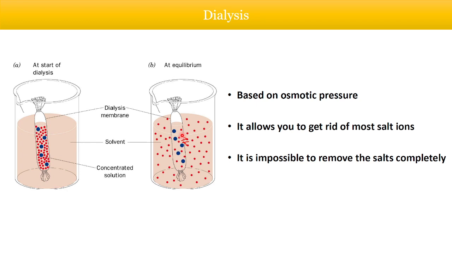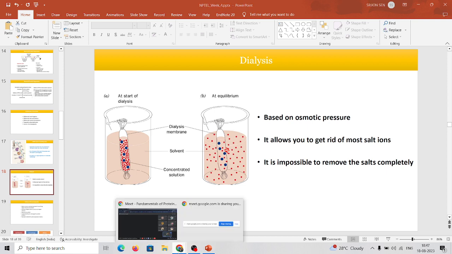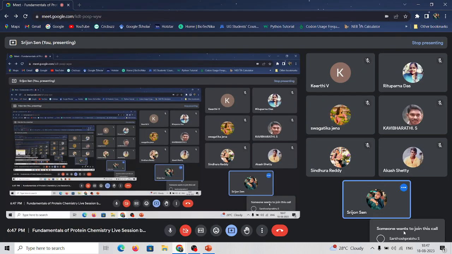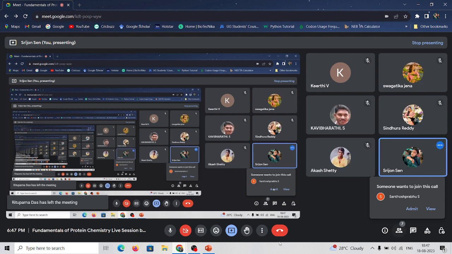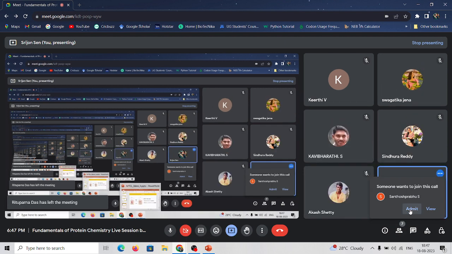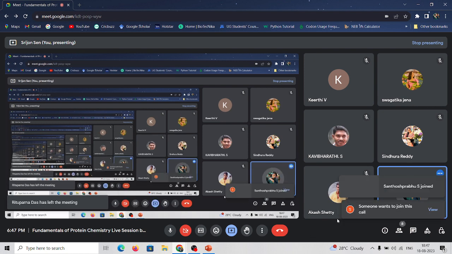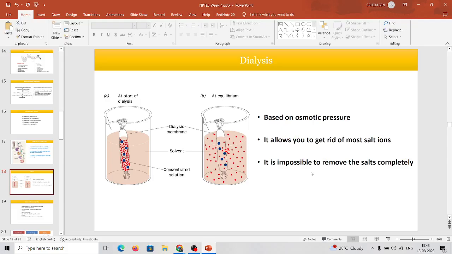It also helps you to give entry to certain salts that might increase the solubility of your protein.